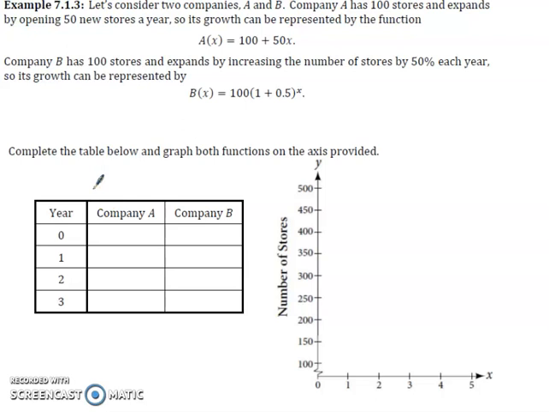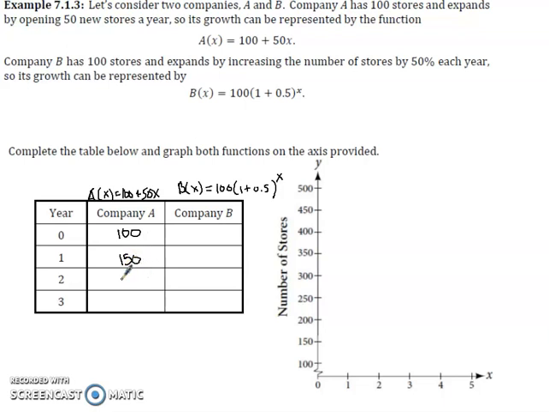So company A is A of x equals 100 plus 50x. And company B, B of x, is equal to 100 times 1 plus 0.5 to the power of x. Company A, when I plug in a 0, 100 plus 50 times 0 is 100. When I plug in a 1, 100 plus 50 times 1 is 150.